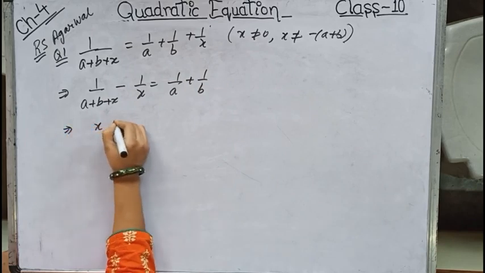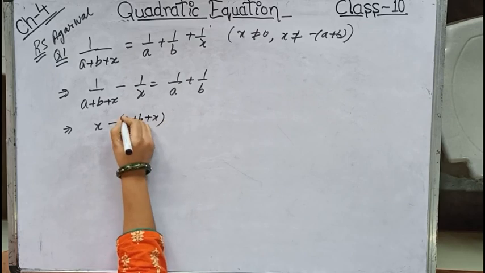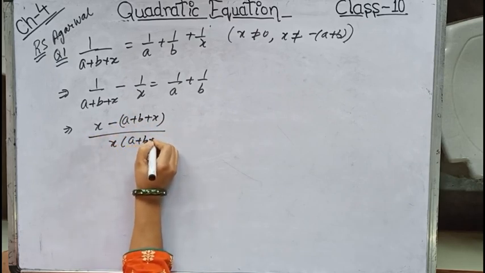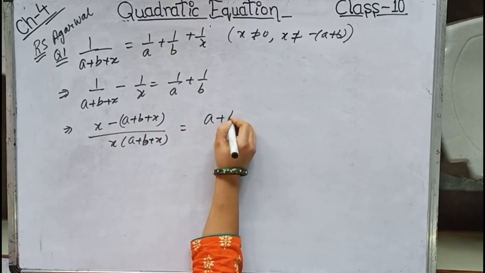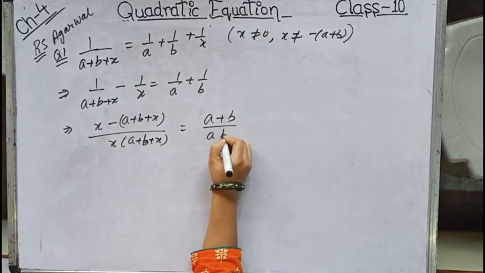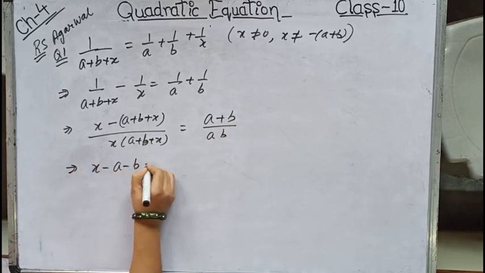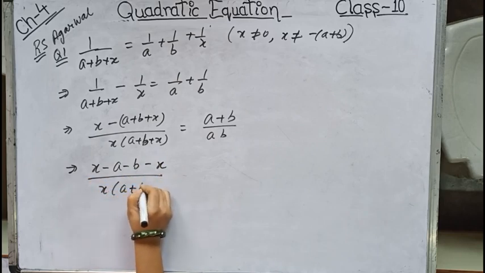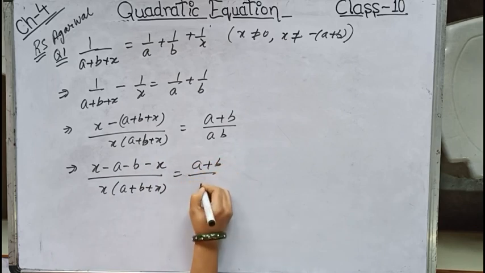This implies x minus a plus b plus x divided by x into a plus b plus x equals to a plus b divided by ab. Now this implies x minus a minus b minus x divided by x into a plus b plus x equals to a plus b by ab.